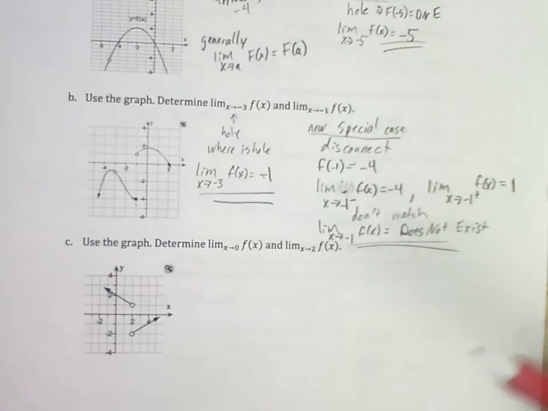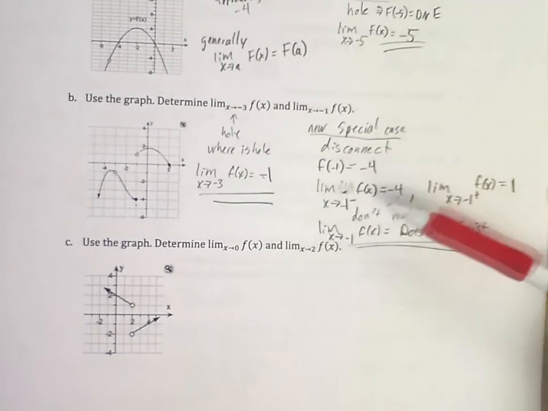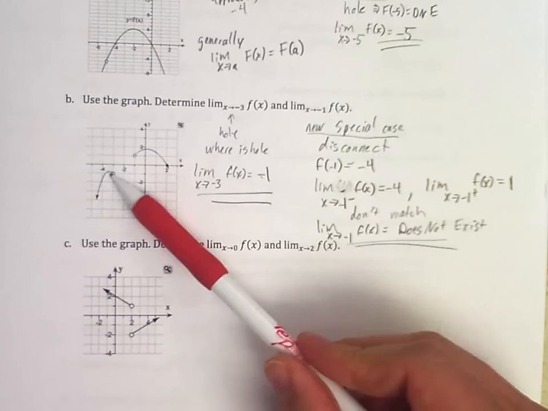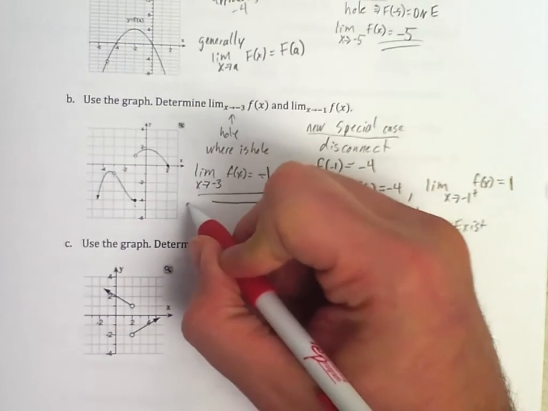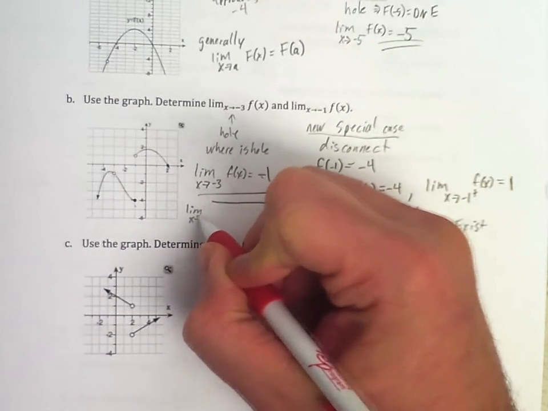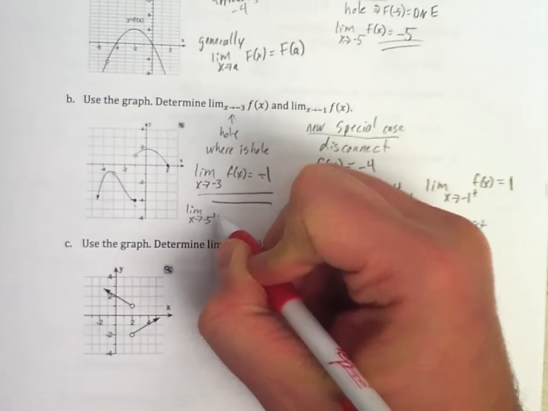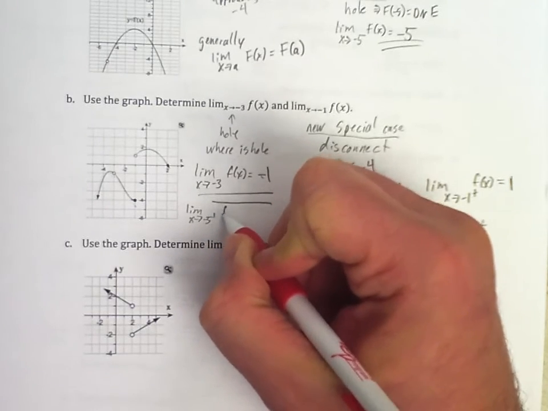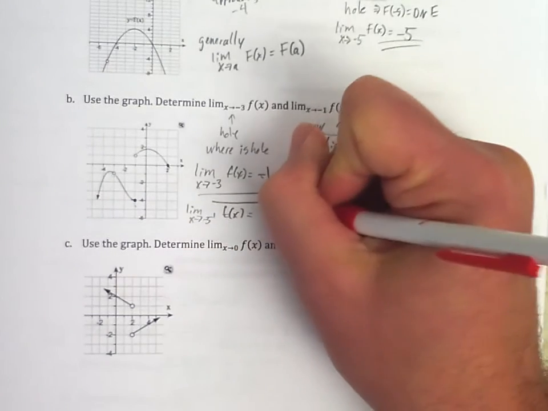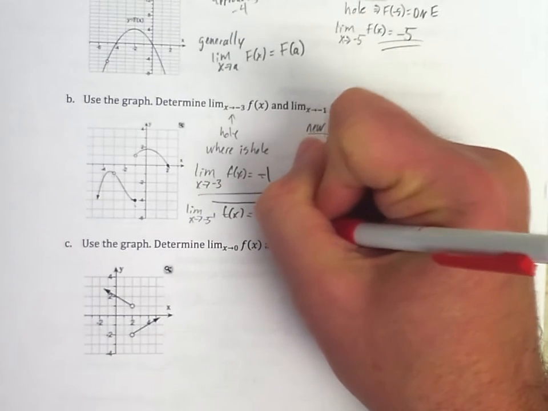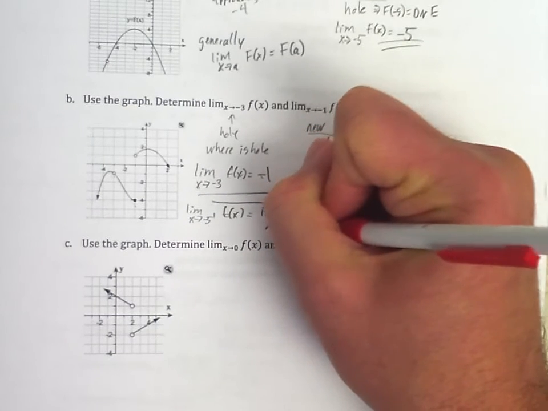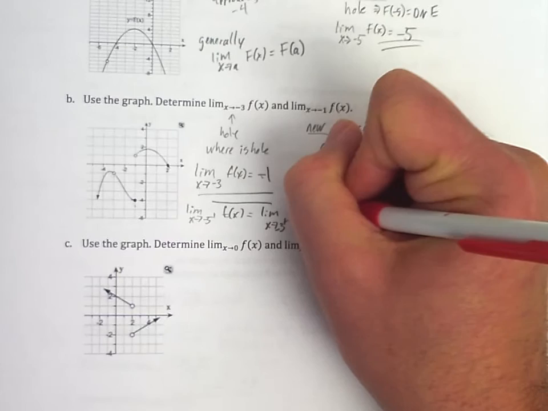So again, the big difference between what we just saw a minute ago and this one is, on this one, the limit as we approach -3 from the left of f of x equaled the limit as we approach -3 from the right.